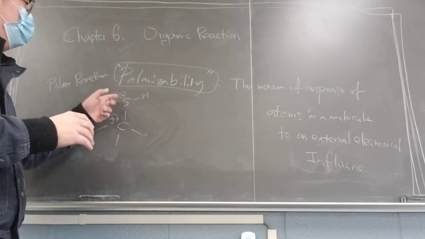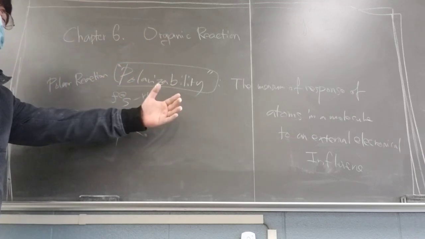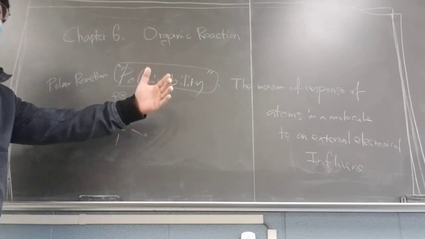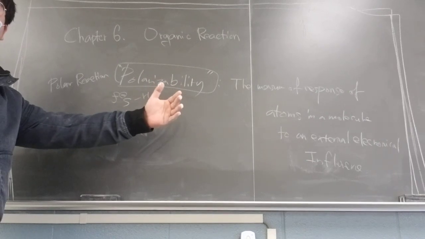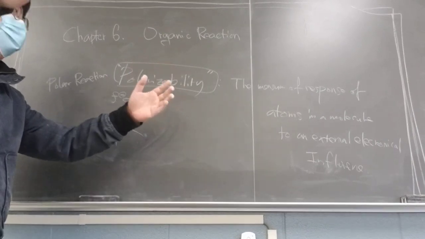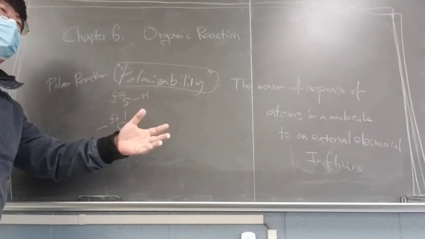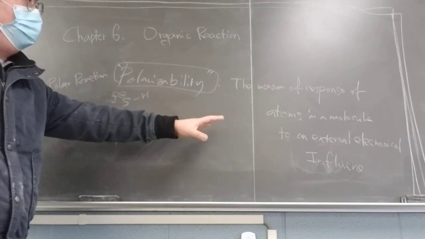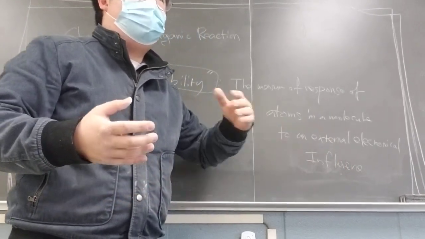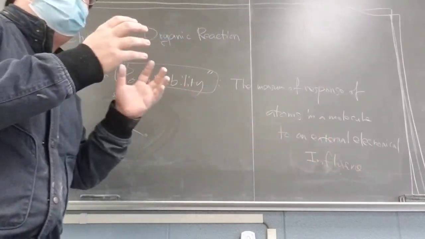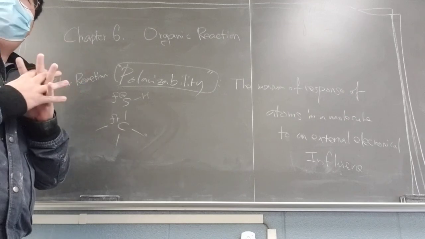Those electrons on the outermost shell of the sulfur will be the most loosely held by sulfur. So bigger atoms, bigger elements, are influenced by the external electronic influence a lot more than the smaller ones. Kind of makes sense.